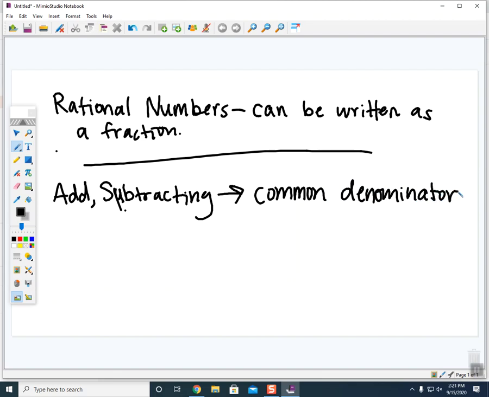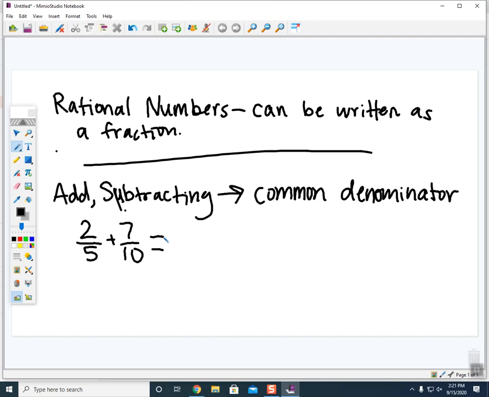So, for example, if I have 2/5 plus 7/10, I can't add these together as is. I need to find a common denominator.